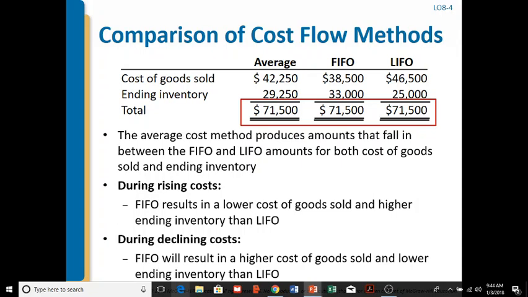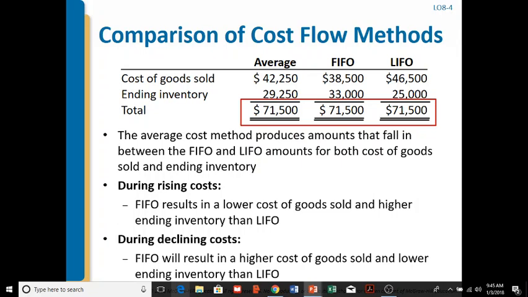As far as ending inventory, FIFO is going to be higher than LIFO. That's because under LIFO, what remains in ending inventory are the first items purchased, whereas under FIFO, what remains in ending inventory are the last items purchased at the higher prices.